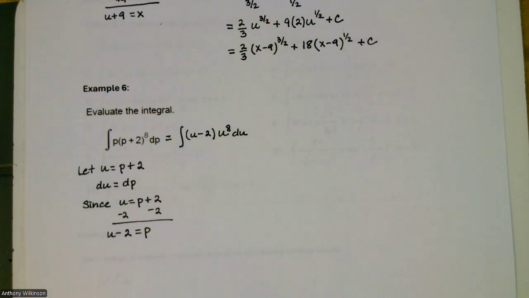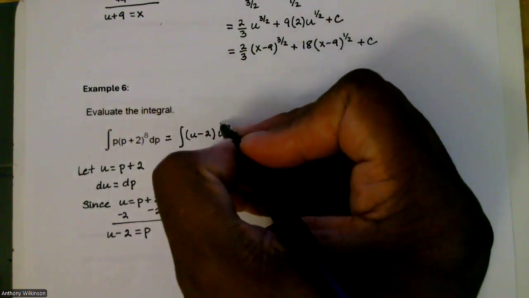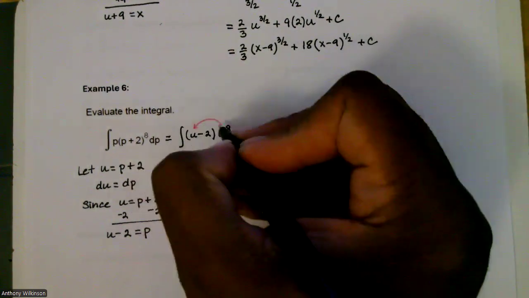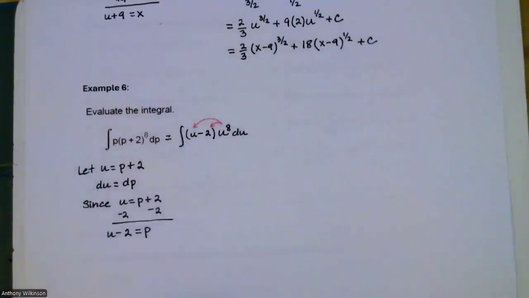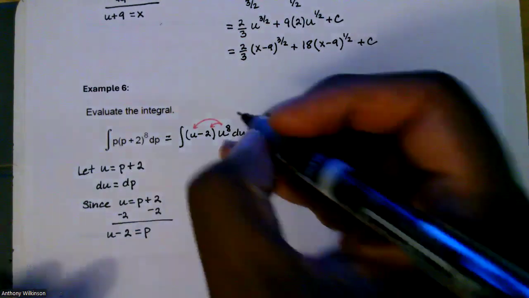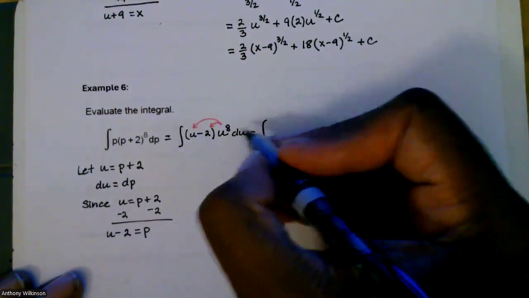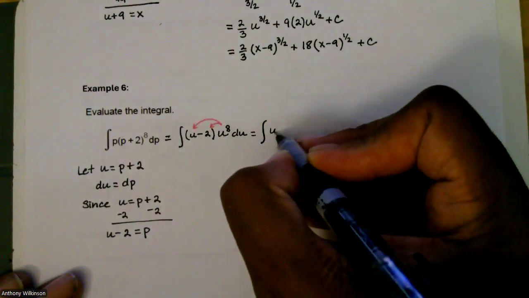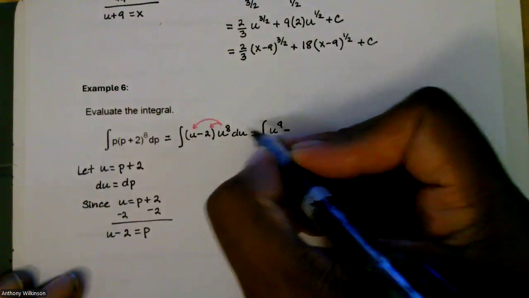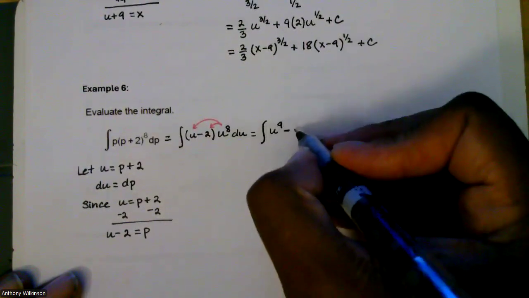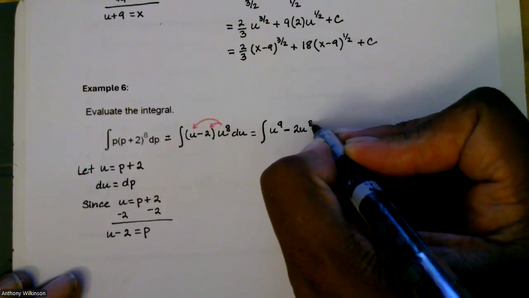Now, if I distribute the u to the 8th over the u minus 2, like this, I do u to the 8 times u, and u to the 8 times this minus 2. So that means here, u to the 8 times u, let me bring the integral sign over. U to the 8 times u will be u to the 9th minus u to the 8 times 2 will be 2u to the 8th.